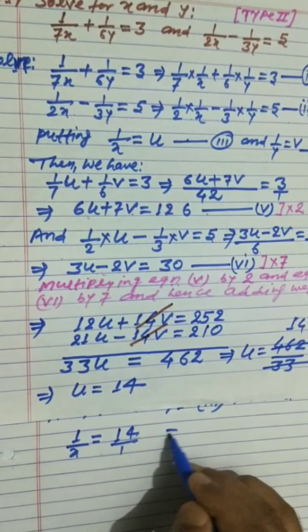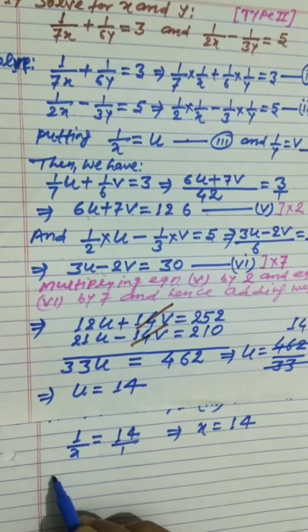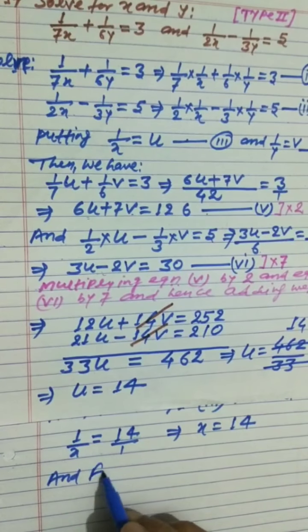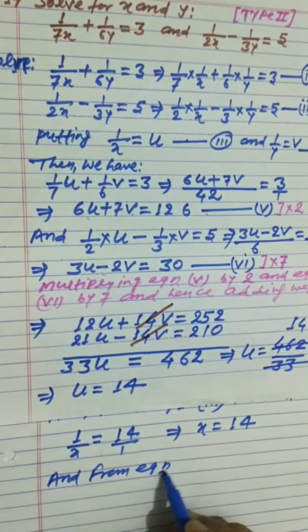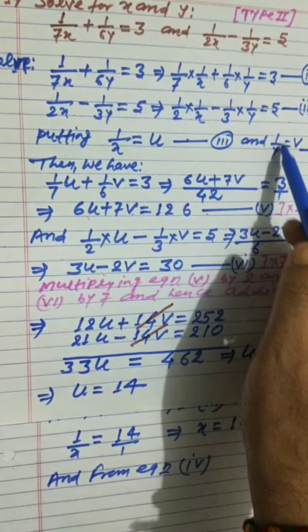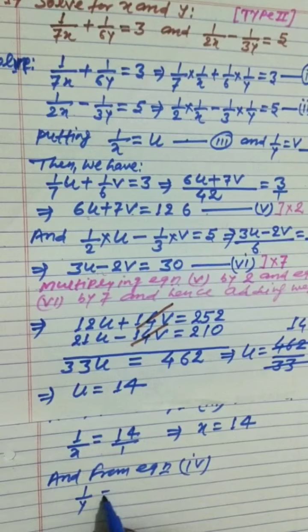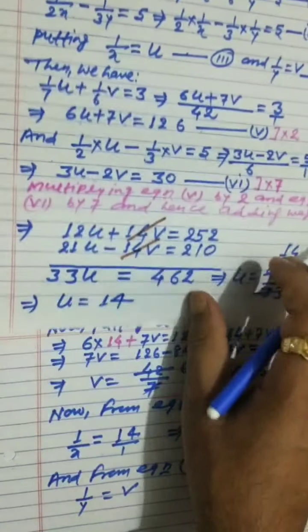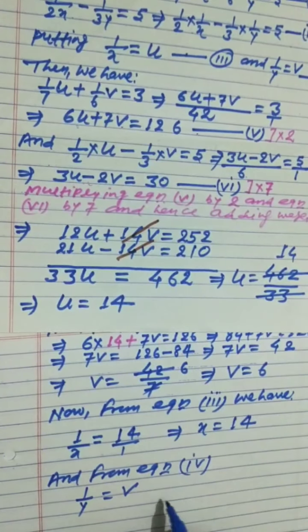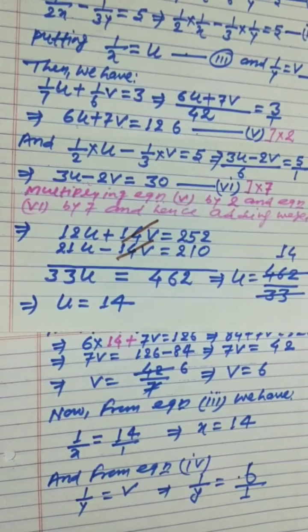Now cross multiply it. x will be equal to 14, and from equation fourth we have 1 by y is equal to v, and the value of v we have found is 6. So let us put 1 by y is equal to 6, and nothing is there, so 1 will be in denominator.